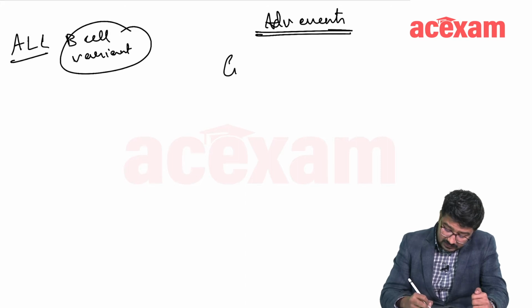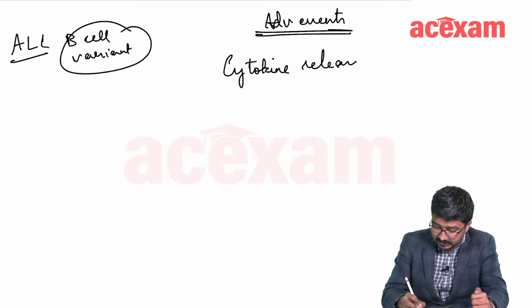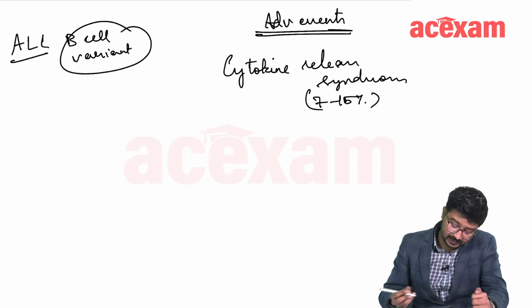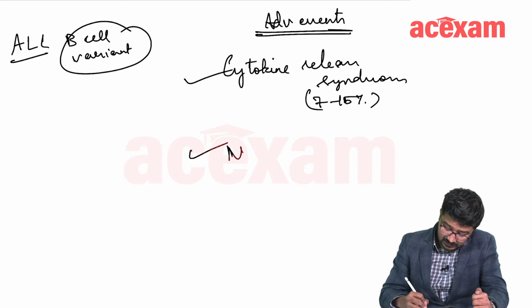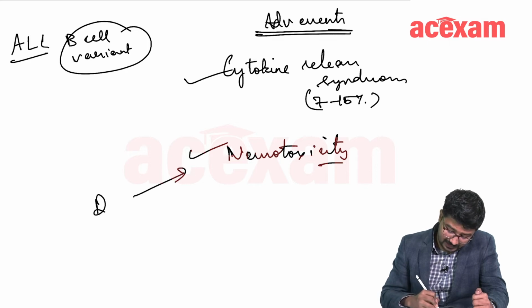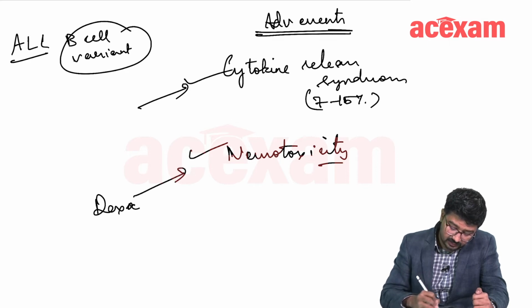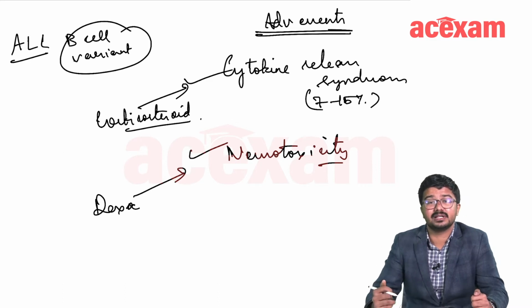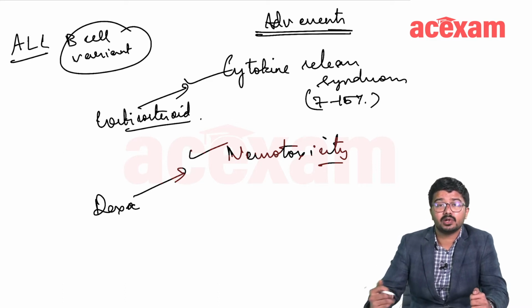One is cytokine release syndrome, occurring, just for your understanding, in 15 to 17% of the patients given. And next is neurotoxicity. So for this, if it occurs, you can give dexamethasone, and for this you can give corticosteroid. That's why, in fact, corticosteroid pre-medication is recommended before giving blinatumomab in order to avoid these things.